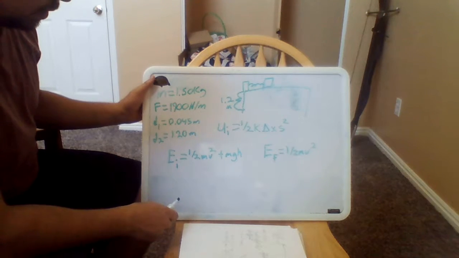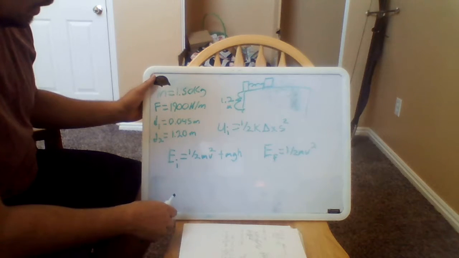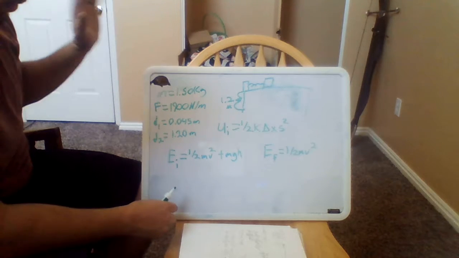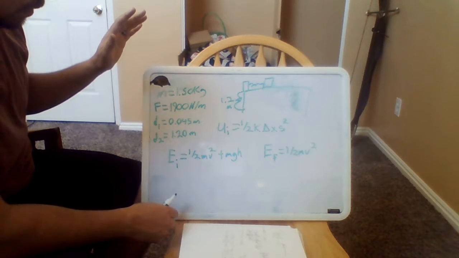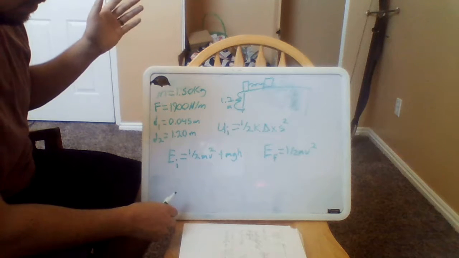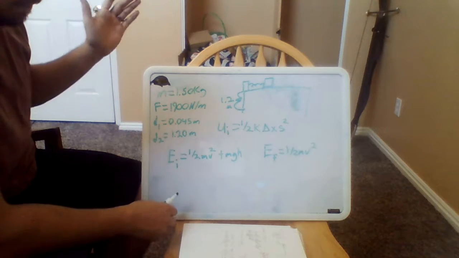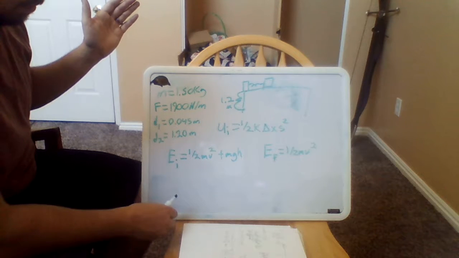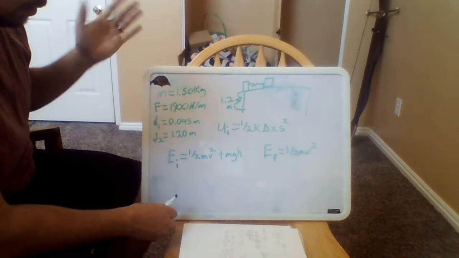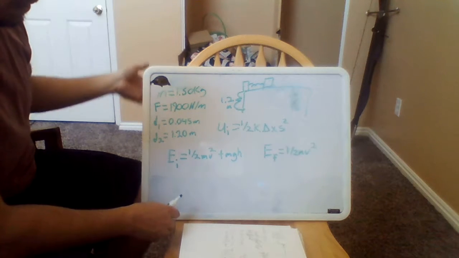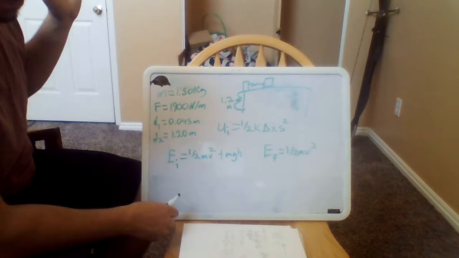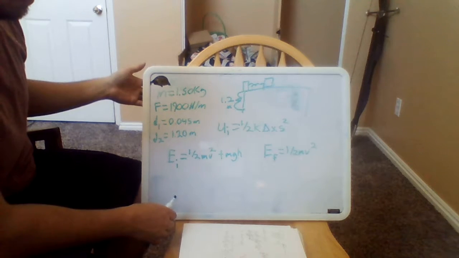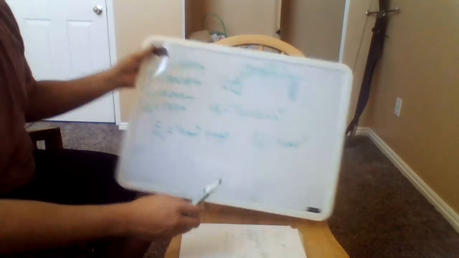So first, we're going to set our total final energy minus our total initial energy equal to 0. Let me write it out.